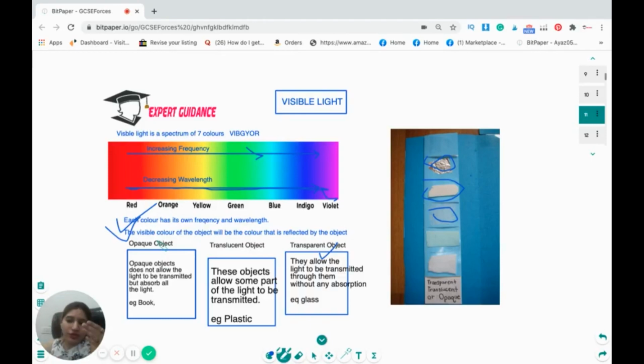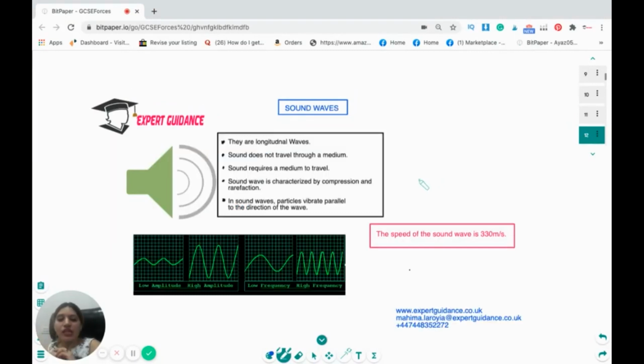If you keep a book in front of you, you cannot see what is behind the book. Translucent objects are like plastic. These objects allow some part of the light to be transmitted. So behind the plastic, you see some hazy things. Whereas transparent objects allow the light to be transmitted through them without any absorption, and you can easily see the things behind the object. For example, glass. Okay, so I hope the light waves are clear to you.